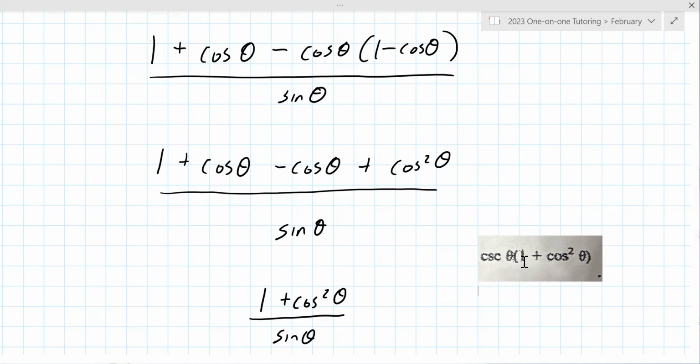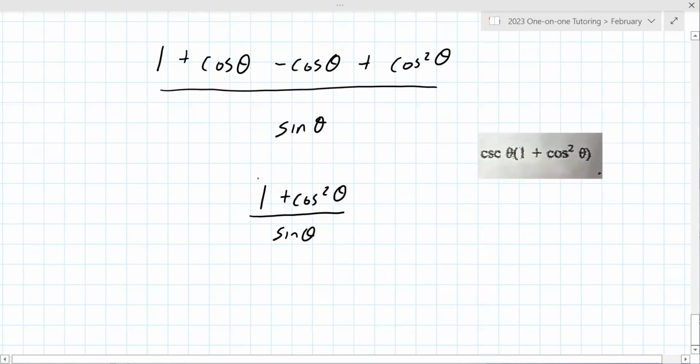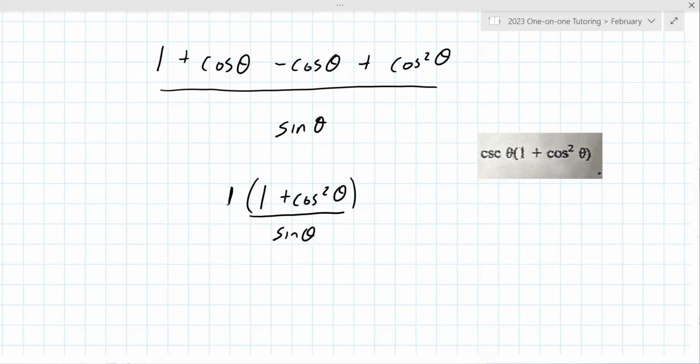Well, you'd have to split it to get cosecant, because cosecant is 1 over sine. So think of there being a 1 over here on the left. So that would just become 1 over sine. Yes.